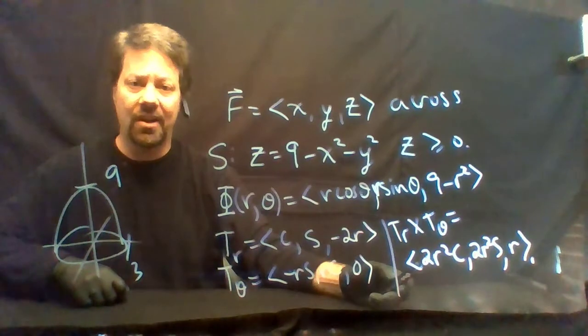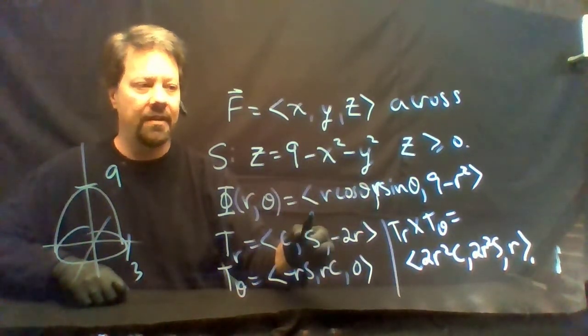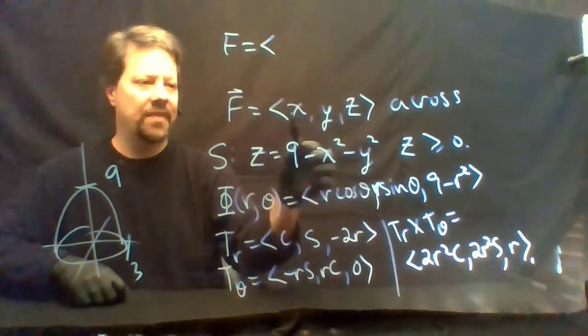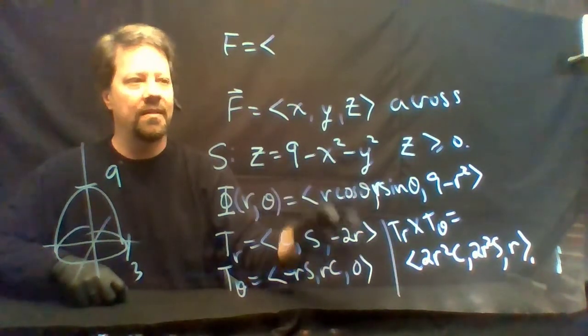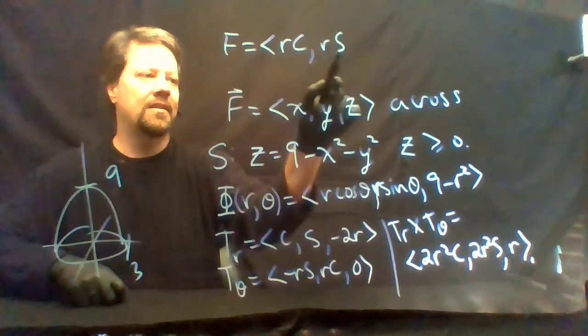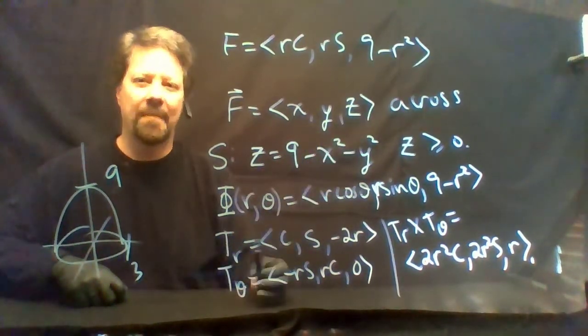Once we have T_r cross T theta, we should evaluate the vector field F on the surface parameterization. In this case, since the x-coordinate of the vector F is x, we'll have r cosine theta, the y-coordinate r sine theta, and the z-coordinate 9 minus r squared.